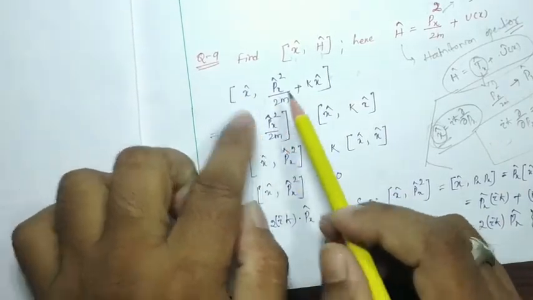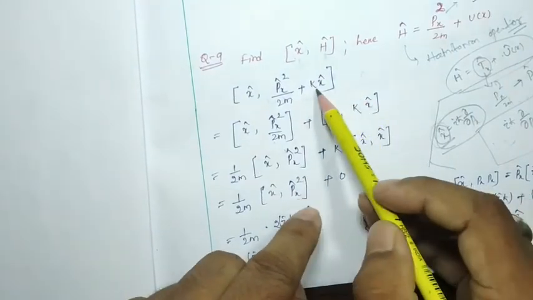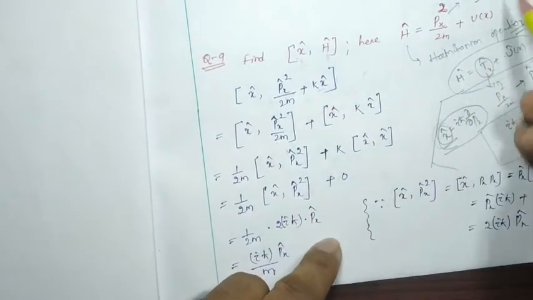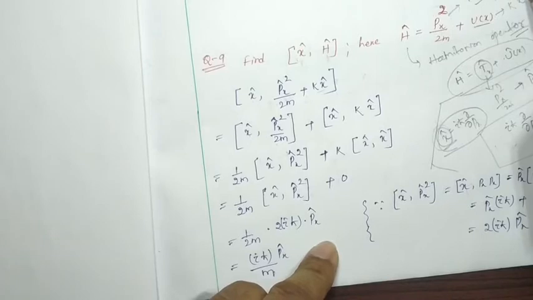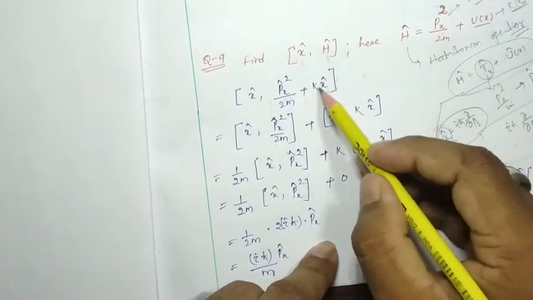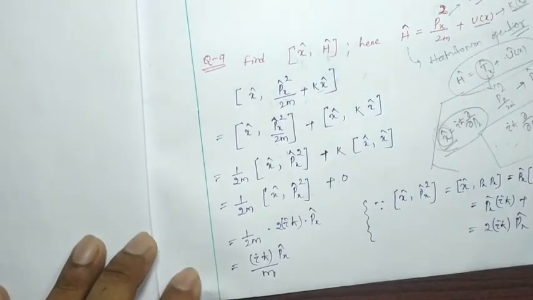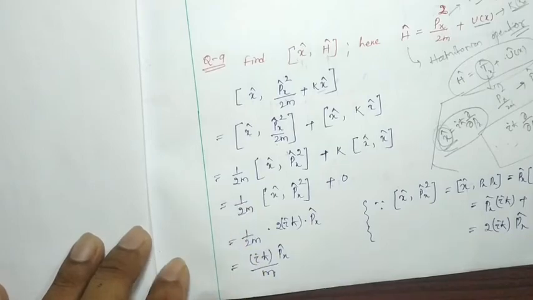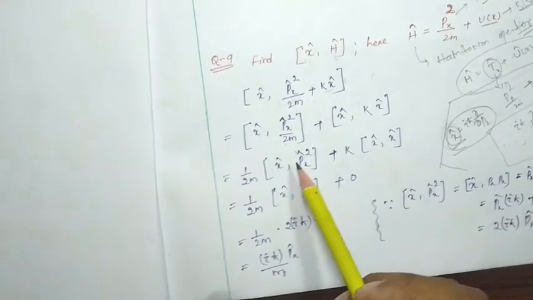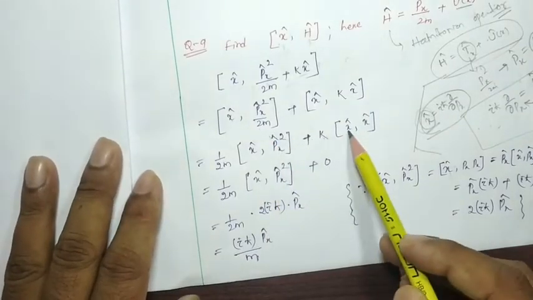Here I have considered that U(x), the potential energy, is some constant times a function of x, and here x is written in the form of an operator. So 1/2m, being a constant, goes outside of the commutation bracket, and it will be x cap with px cap square plus k x cap with x cap.